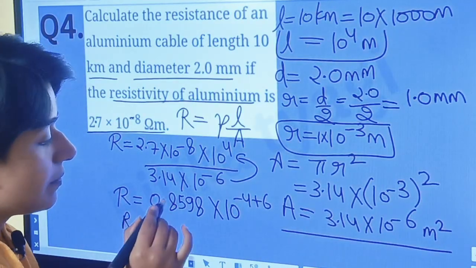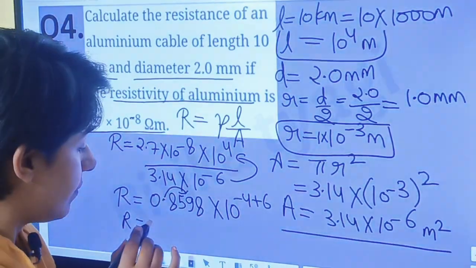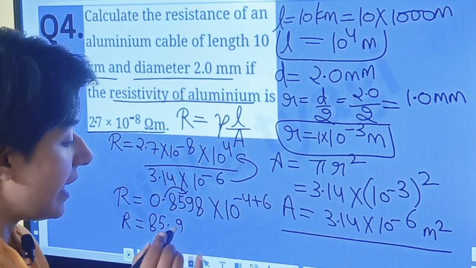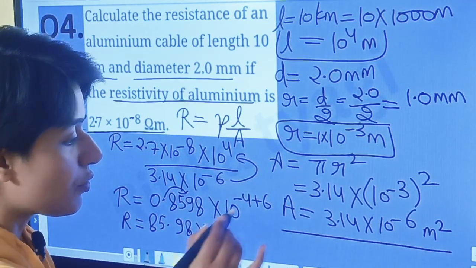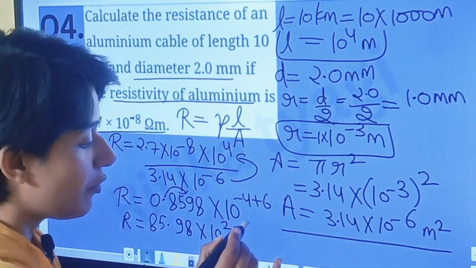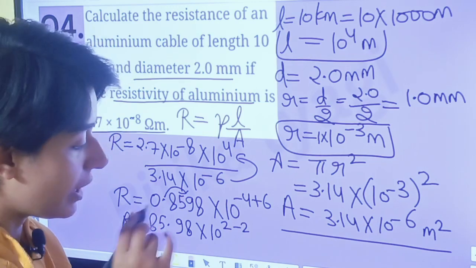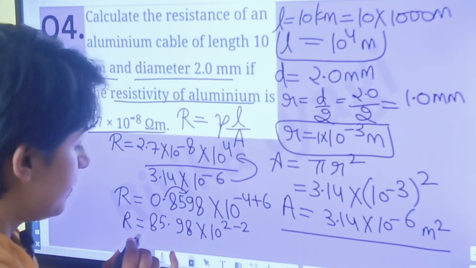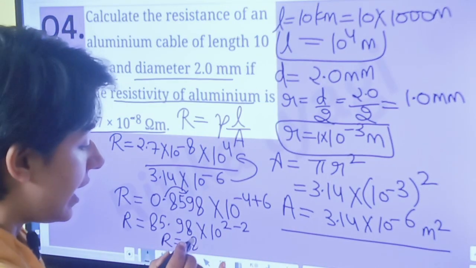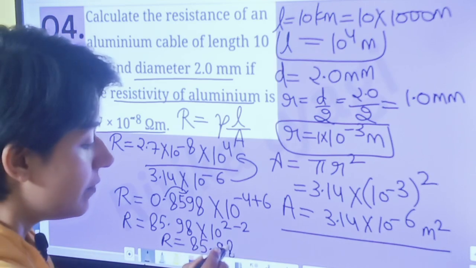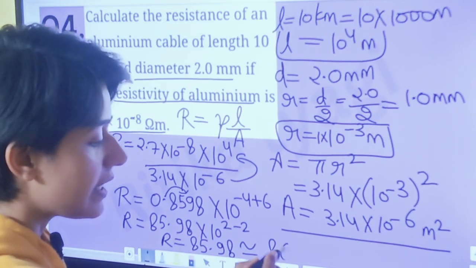Then on displacing the decimal, we get 85.98 multiplying 10 to the power 2 and negative 2, by displacing the decimal by 2 digits. Then we get R equals 85.98 or approx 86 omega.